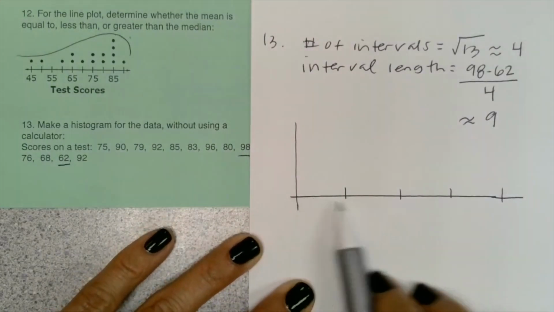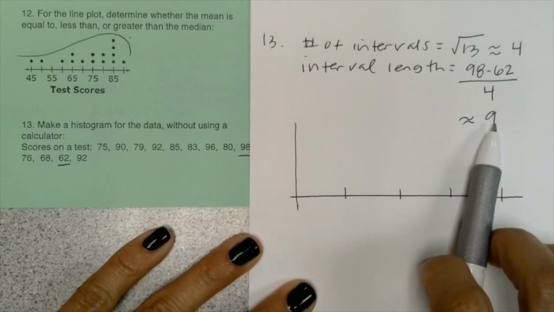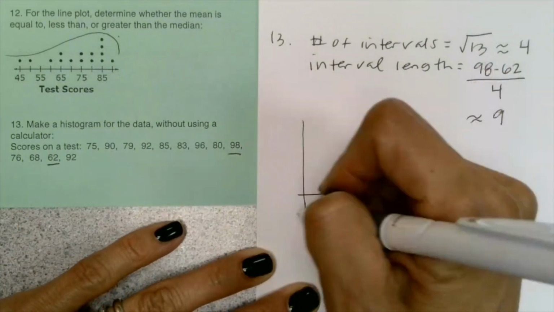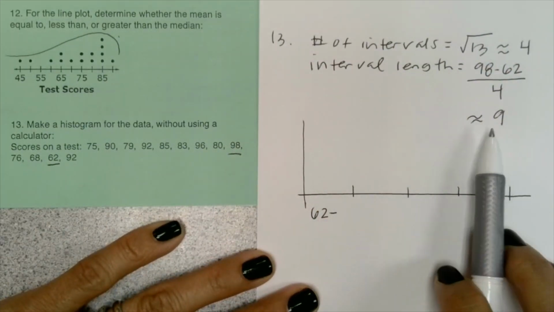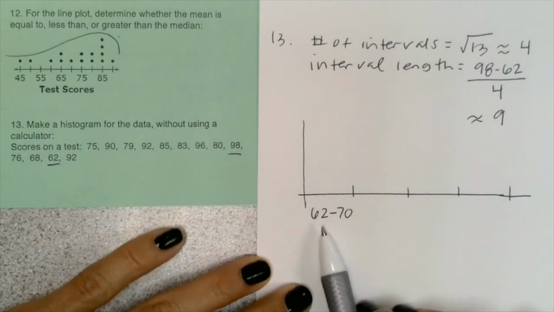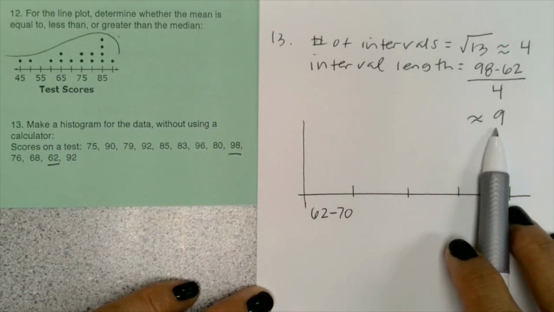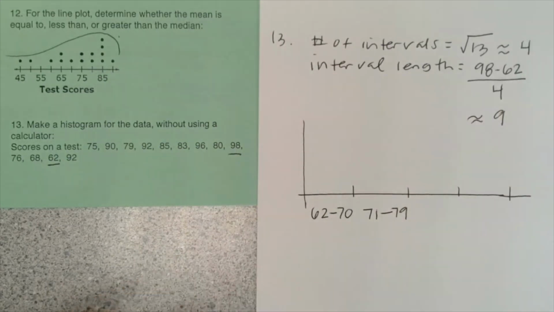So here's our 4 intervals. We have 1, 2, 3, 4. And then each interval length needs to be 9. So we're going to start and go 62, and then we need 9 units. So this first interval is going to be 62 to 70, and that's a length of 9 units. Then you'll go 71 to 79.